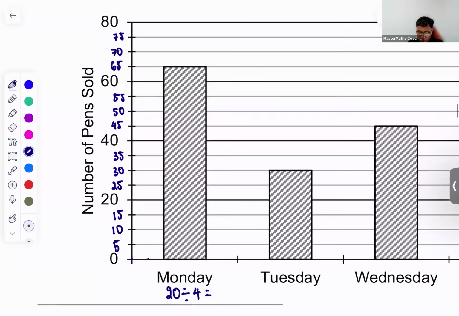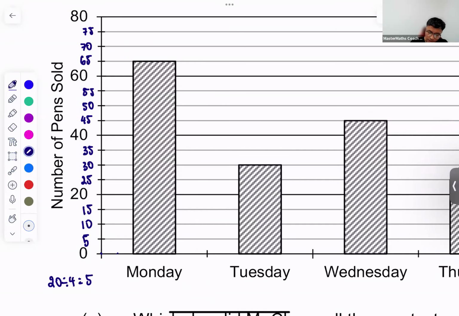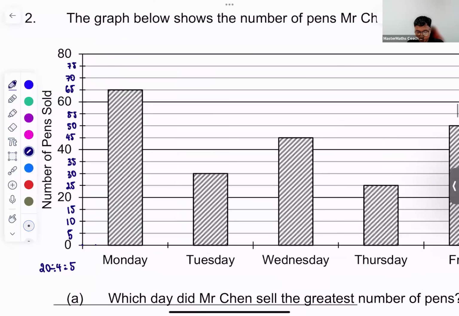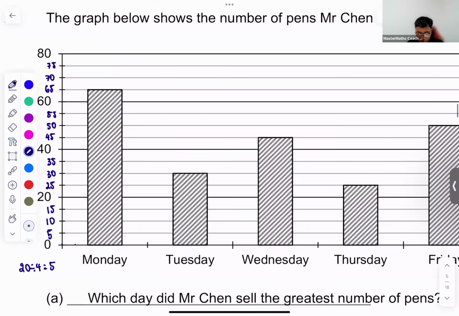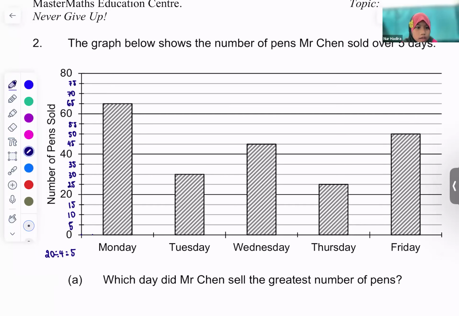So, can you tell me based on this graph how many pens were sold on Monday? Okay, I'm going to show you. 65. 65, correct.